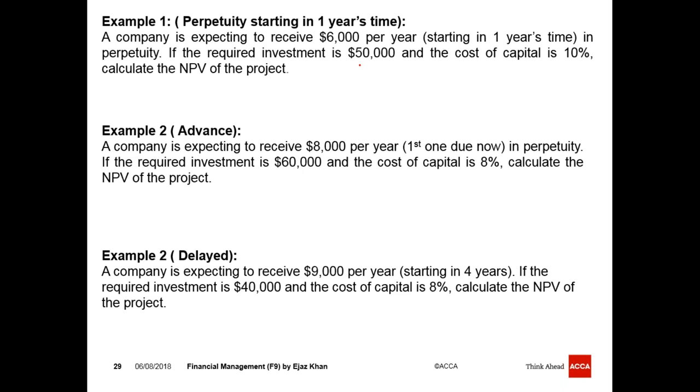If the required investment is $50,000 and the cost of capital is 10%, what is the net present value of the project? Since this company is going to receive $6,000 forever, it wants to consider how much should be invested for these $6,000.